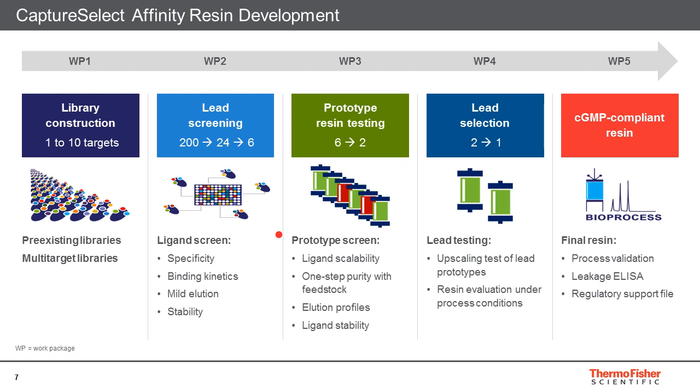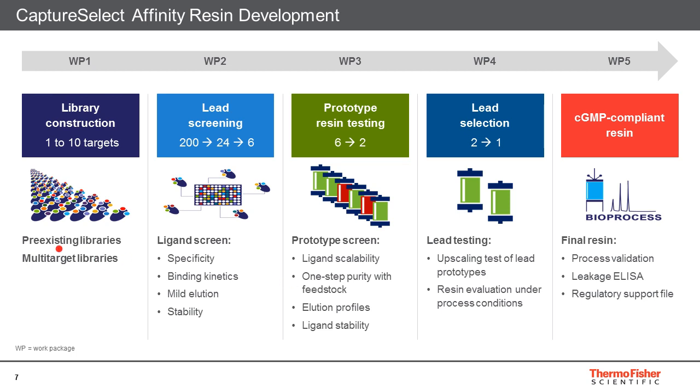After what we call work package 2, we would move on to work package 3, where we would do the prototype resin screening, finally ending up with a final leads in work package 4, and then ultimately we would turn this into a CGMP compliant resin by doing work package 5, which will mean that we will do process validation, leakage ELISA development, and finally compile the regulatory support file to be incorporated into GMP processes.